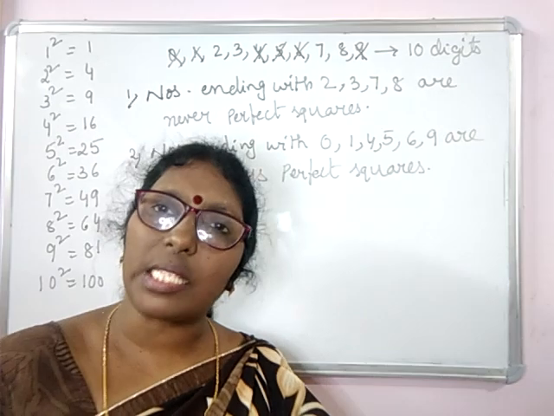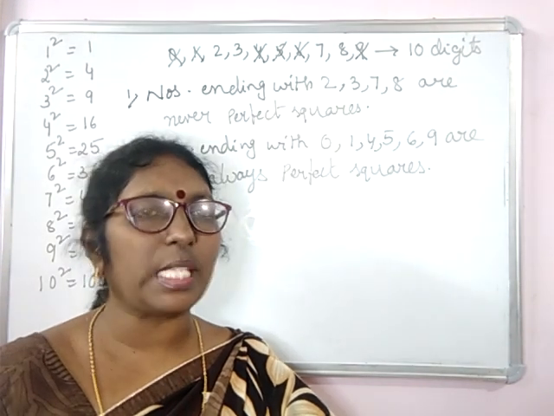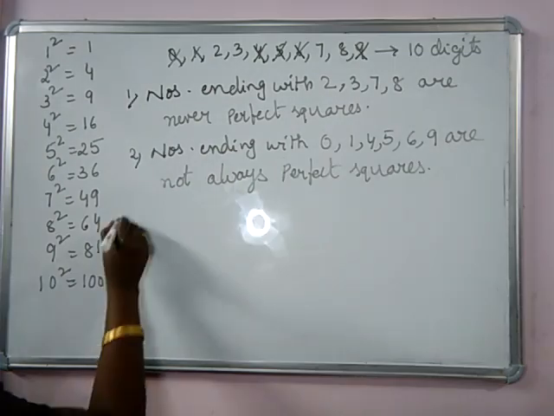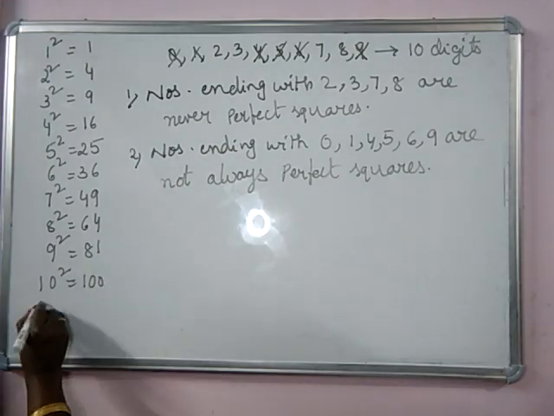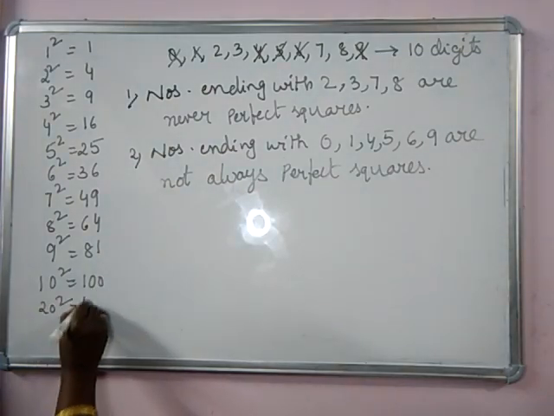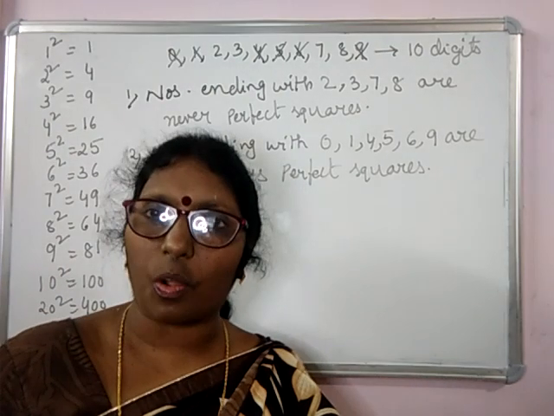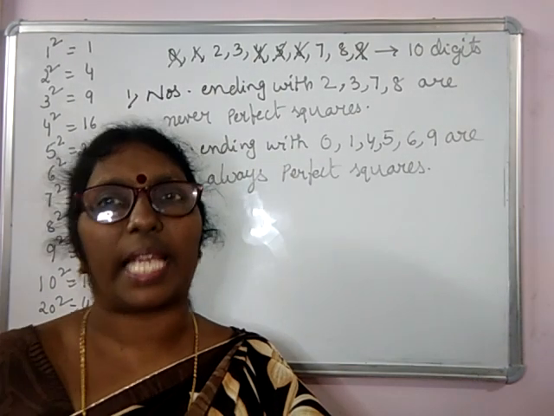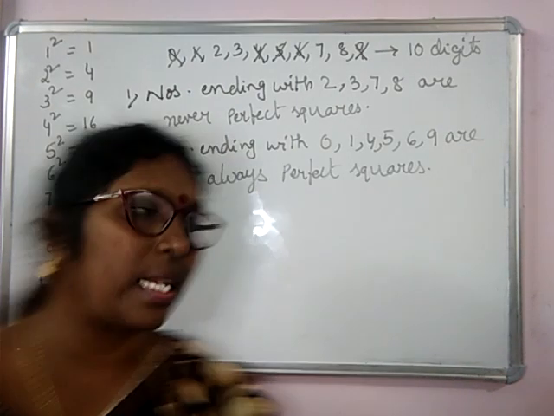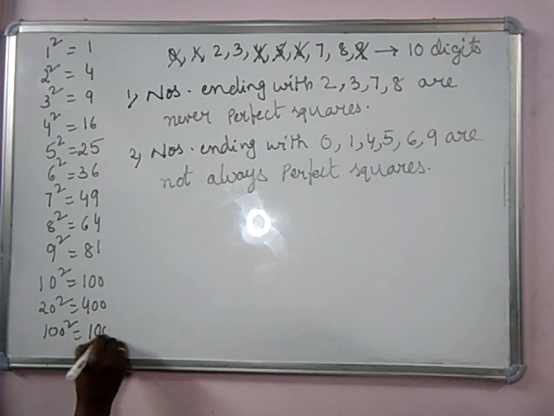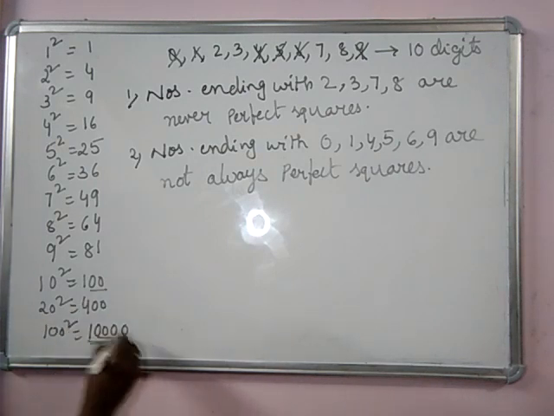Next, 10 square is 100, 20 square is 400, 30 square is 900. Yes or no? Similarly, 90 square is 8100. 100 square is 100 into 100, which is 10,000. You see here 2 zeros, here 4 zeros.